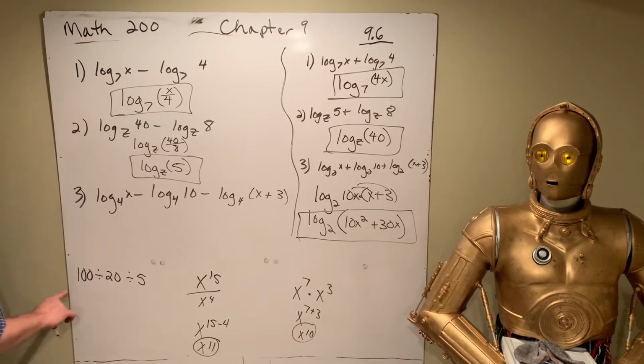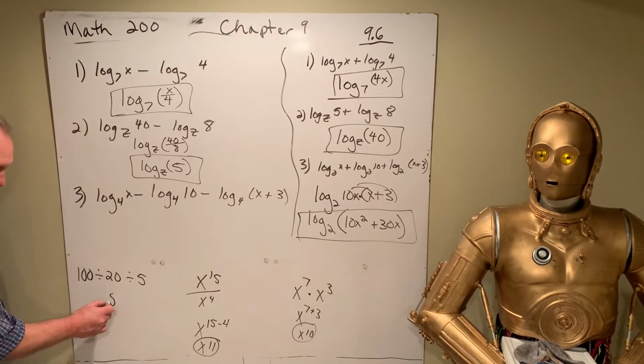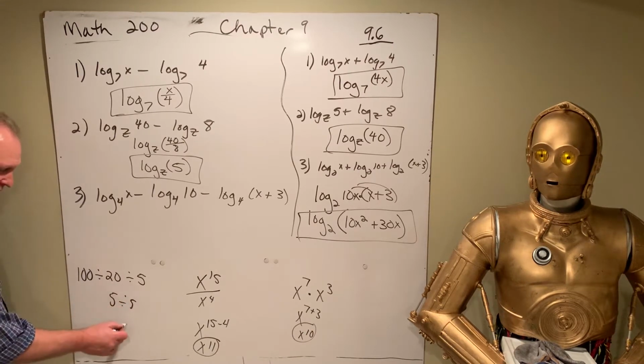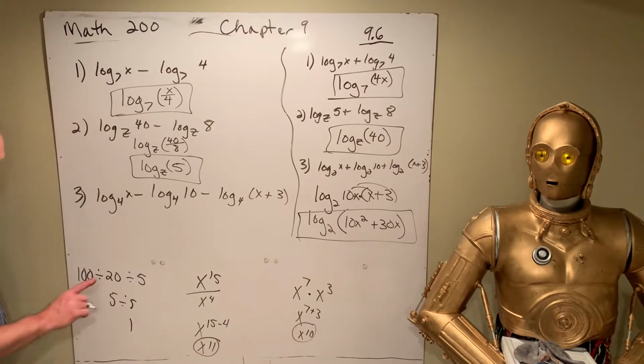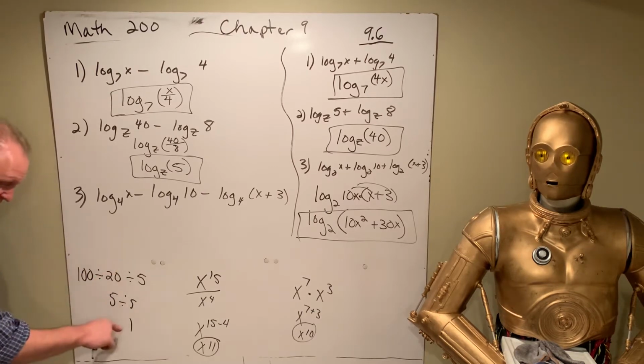So you would do 100 divided by 20 and get 5, and then you would do 5 divided by 5 and get 1. And if that's confusing, you're like, oh no, what if I did that first? Then you'd get the wrong answer. If you went 20 divided by 5, you'd get 4, and then 100 divided by 4 is not 1. But the correct answer is 1.